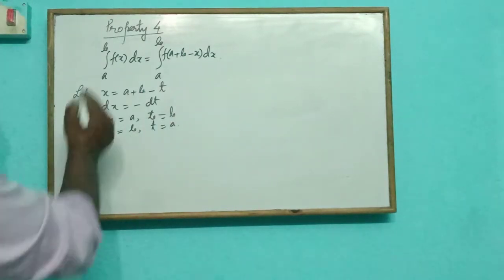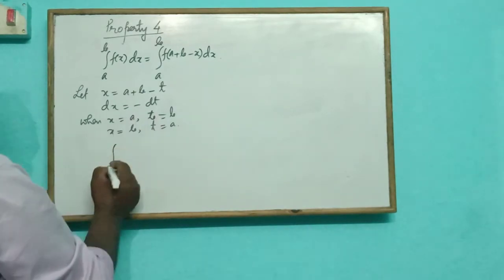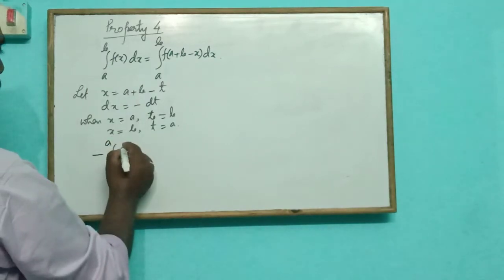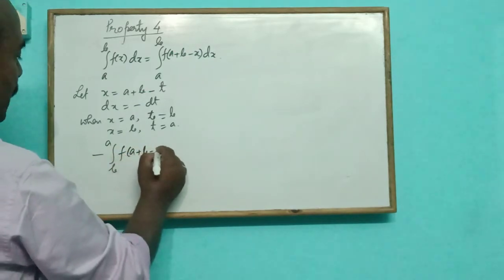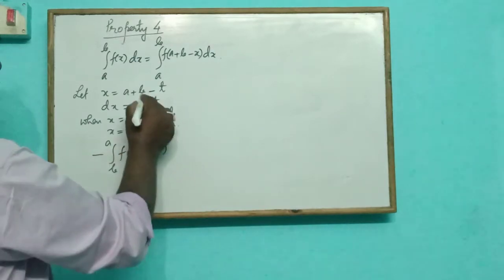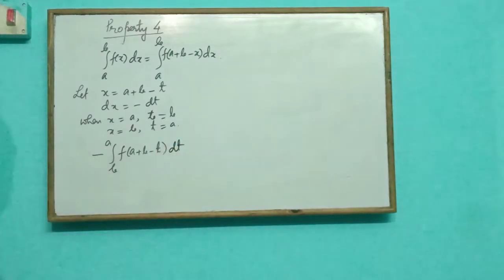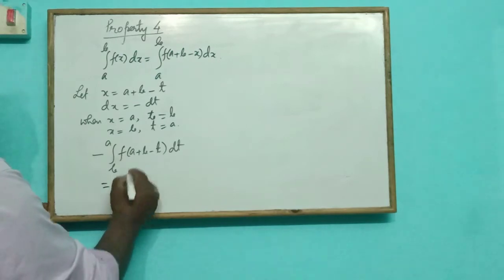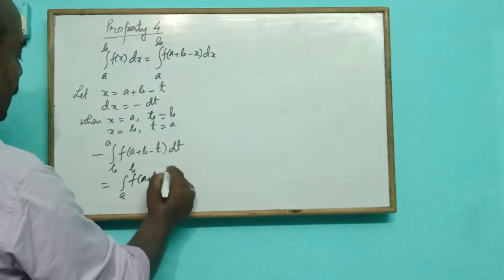Now putting the values in the left side, instead of a I put b, instead of b I put a, minus f of, in place of x I put a plus b minus t. And why do I put minus? Because dx is minus dt. This is the same as a to b f of a plus b minus t.